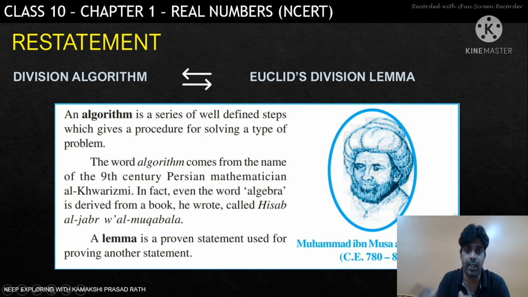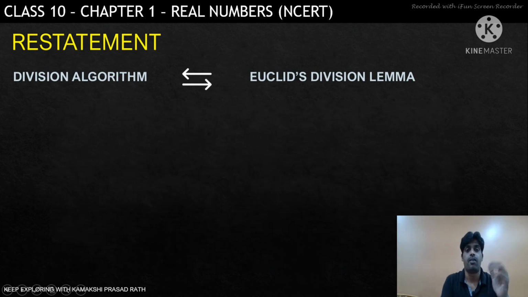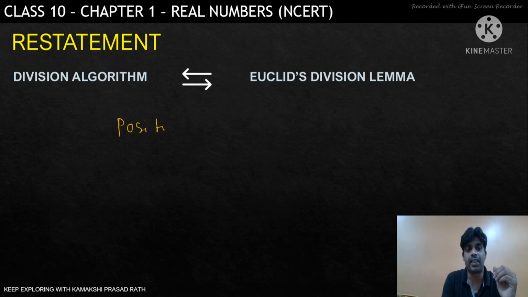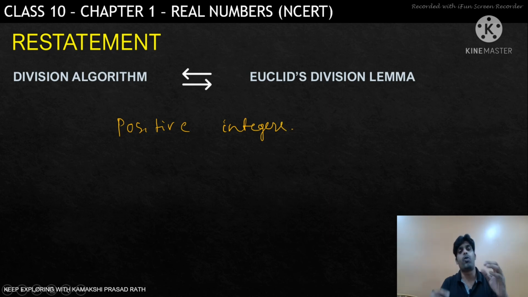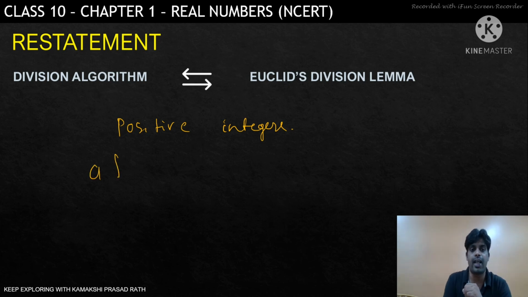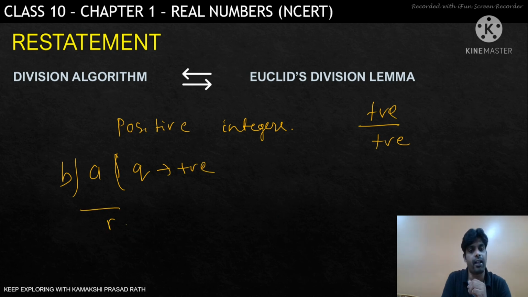And most important thing, when we talk of this lemma, we will consider only positive integers. So if in the question it says Q and R are some integers, still we'll consider them as positive, because we know if A and B are positive, suppose a positive integer divided by another positive integer, then the quotient will also be positive and the remainder also will be positive.